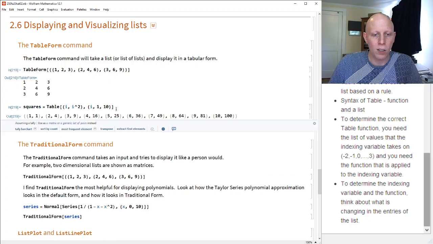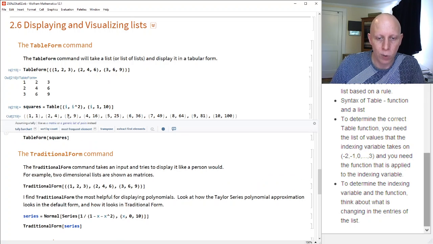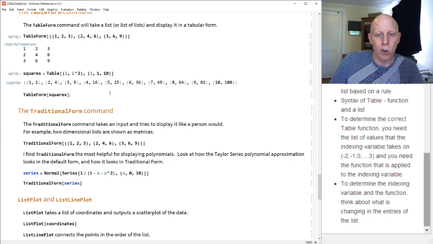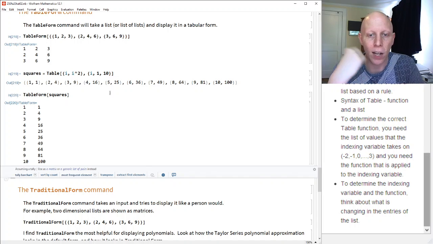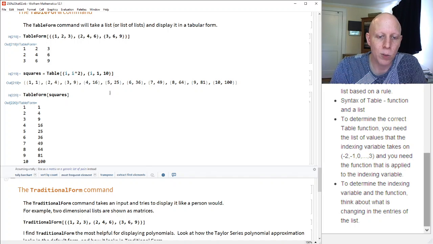That looks like 1, 1, 2, 4, 3, 9, 4, 16. Those are each I, I squared. If we apply table form to this, we get a vertical list where we can pair up what the I value was and the I squared value is. It's really good for visualizing coordinate data.